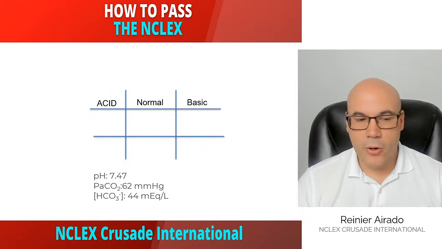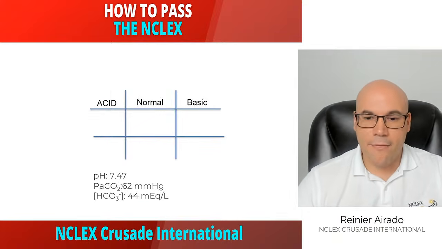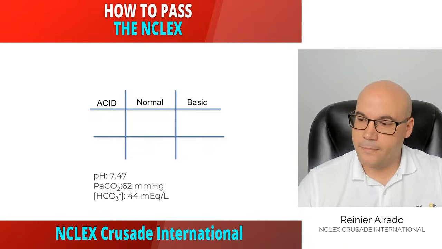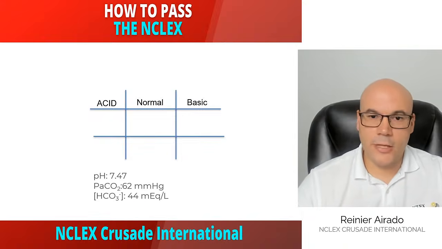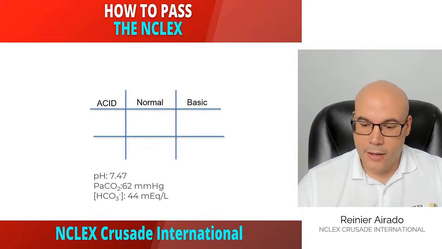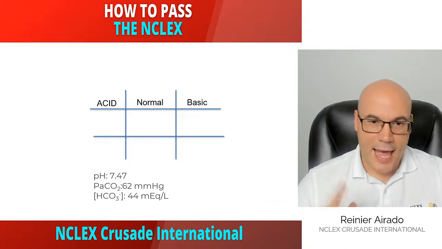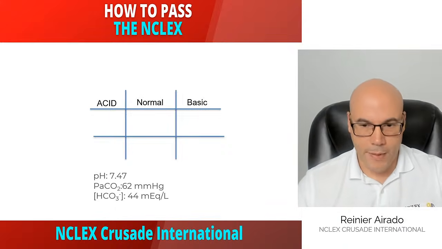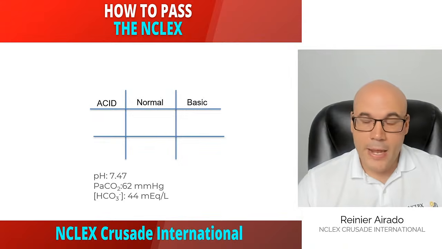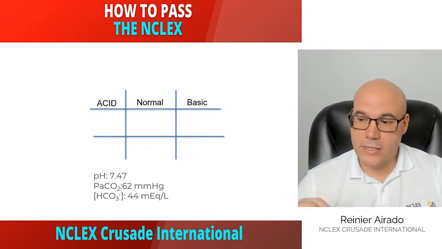The next scenario, the pH is 7.47. So you have to do the same thing. Identify whether the pH is acid, normal, or basic. A normal pH is 7.35 to 7.45.